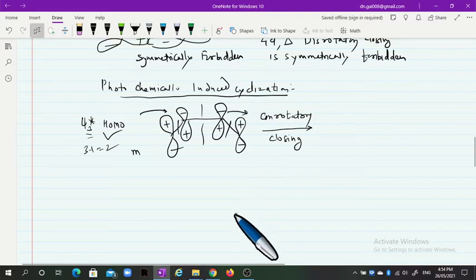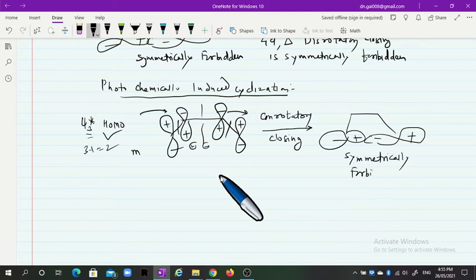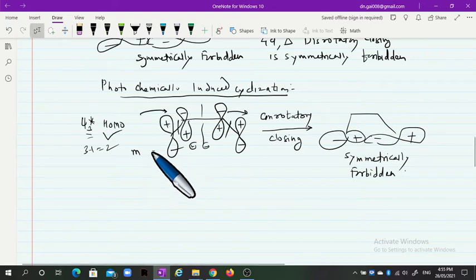During this closing, this positive will come here and this negative will come here. Therefore in the product you will find positive-negative and negative-positive combinations. This is symmetrically forbidden. Conrotation is symmetrically forbidden.